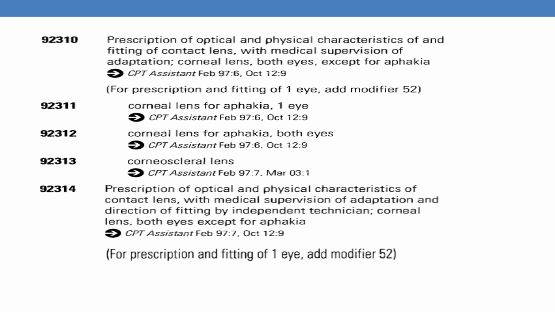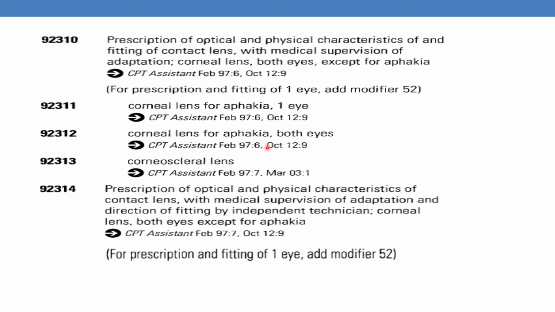It includes prescription of optical and physical characteristics of and fitting of contact lens with medical supervision of adaptation, corneal lens for aphakia. For except aphakia, the CPT is 92310. And for prescription of contact lens for aphakia, one eye, the CPT is 92311.